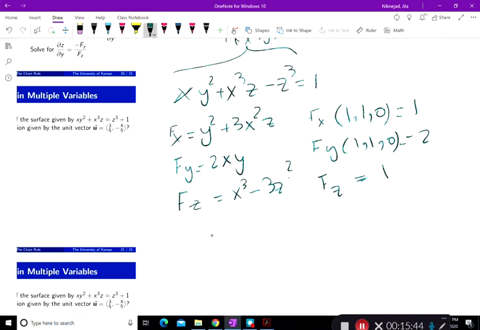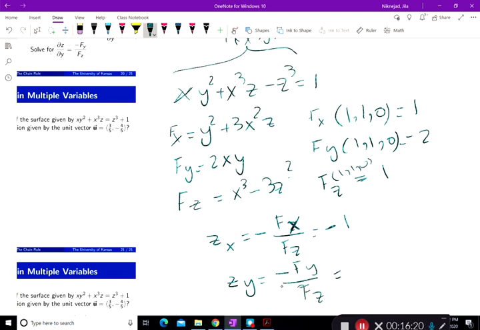Now compute z sub x according to the formula, that is equal to negative f sub x divided by f sub z, negative 1, and then z sub y is going to be negative f sub y over f sub z, and negative f sub y is negative 2 divided by 1, so this one is negative 2.